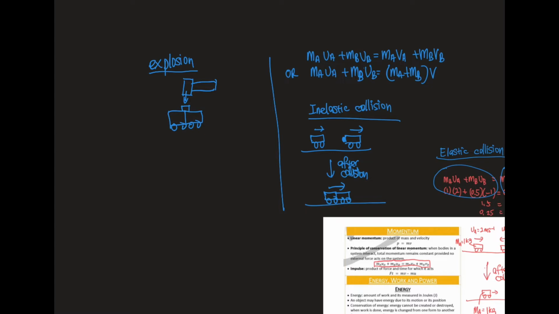So after you knock, then both trolleys will move in opposite directions. So this is what we call explosion. So after knocking, then they move separately.